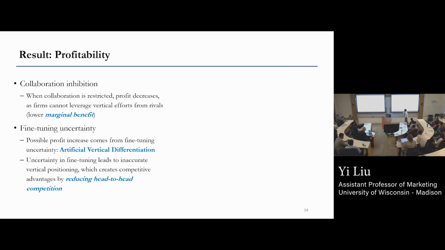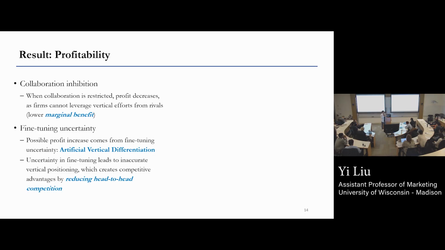We describe this with a term called artificial vertical differentiation. Why? Because there's some uncertainty in their vertical development, right? When they spend more on the horizontal dimension, the vertical quality can go down. Because there's some uncertainty, it creates some artificial vertical differentiation between the firms.